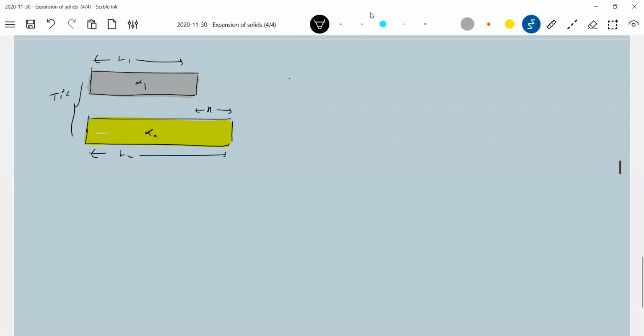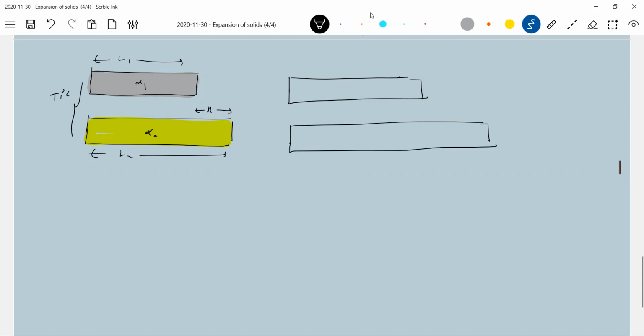So the length of both the rods will increase. Both are going to expand, so this will now become L1 dash. But the difference in length has to remain constant.